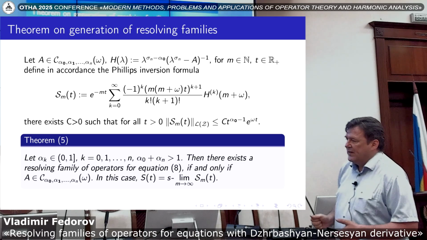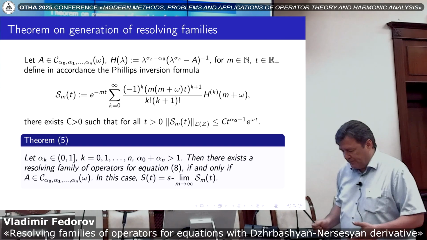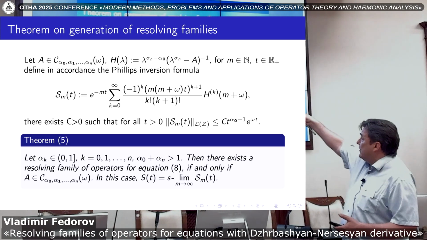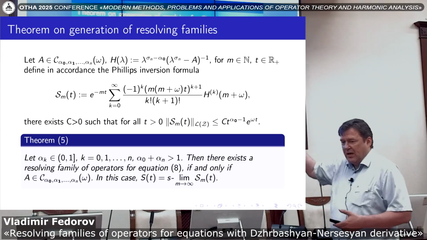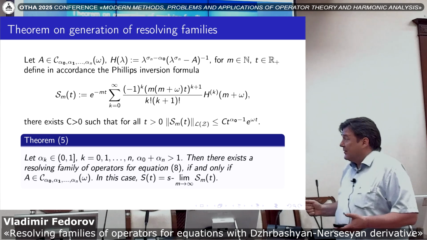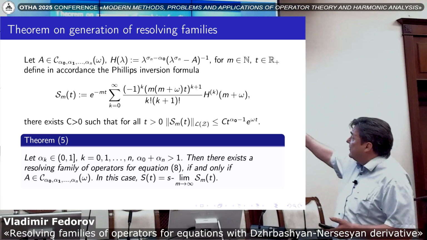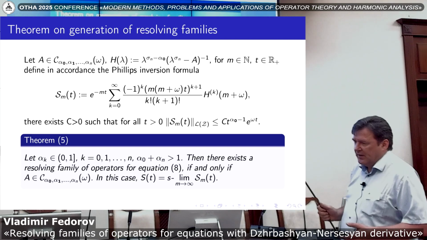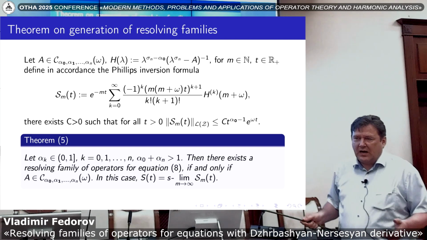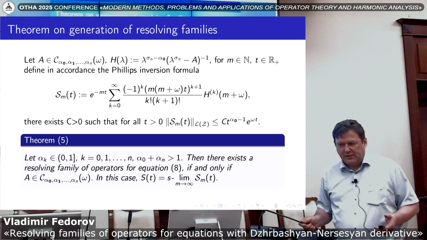We know that if a resolving family exists, its Laplace transform will have this form, but we don't know whether there exists an inverse Laplace transform for this function, especially in an arbitrary Banach space without the Radon-Nikodym property.